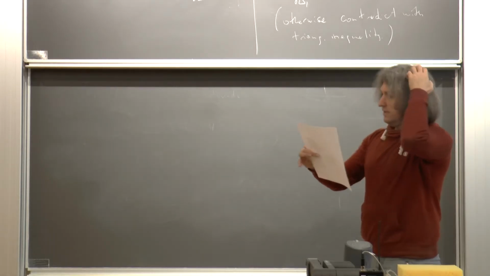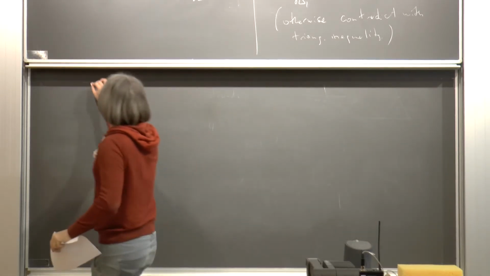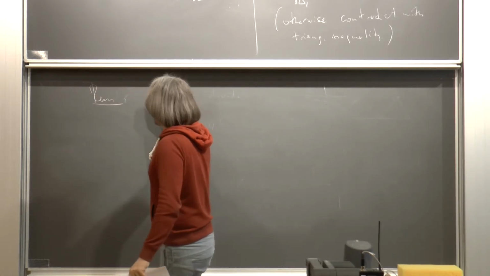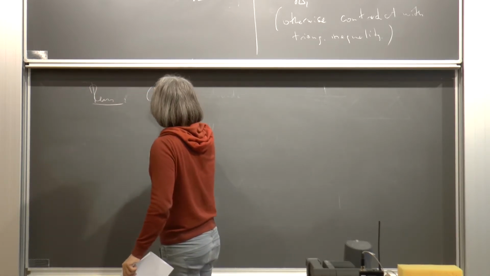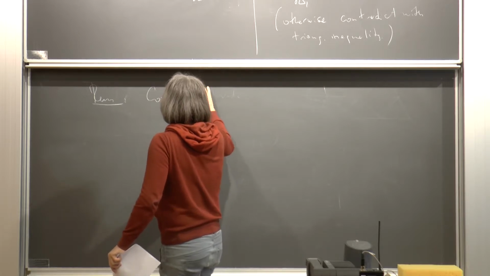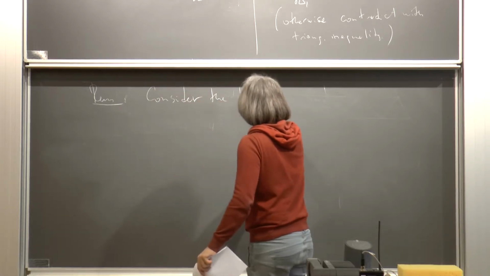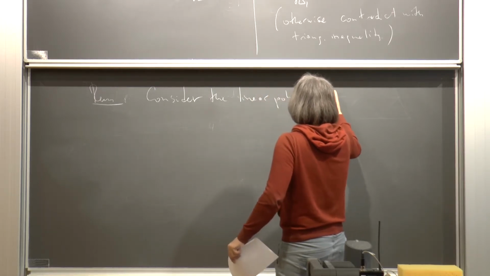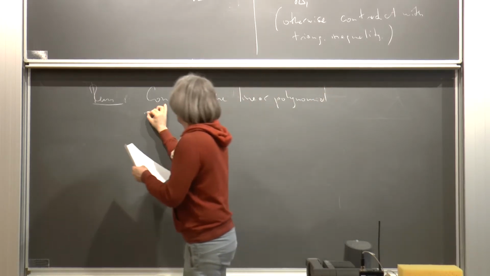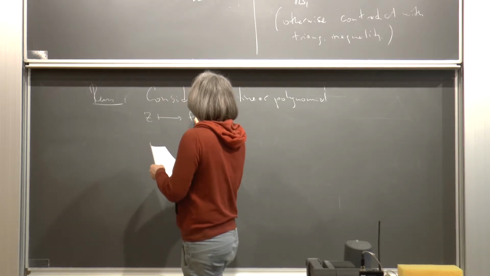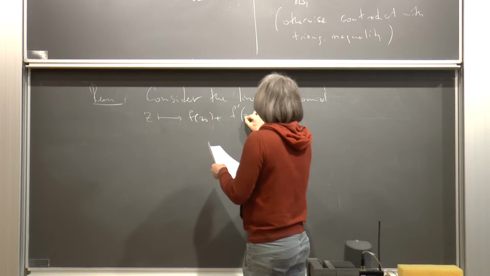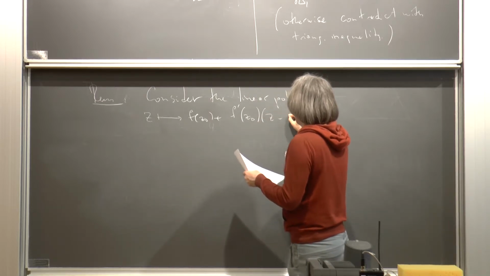So remark. We can consider an additional function in the linear polynomial, z goes to f of z naught plus f prime of z naught times z minus z naught.